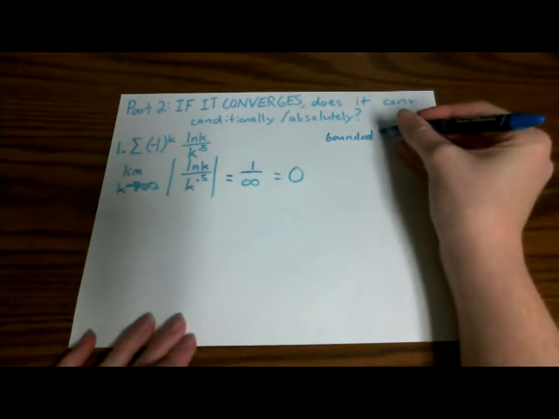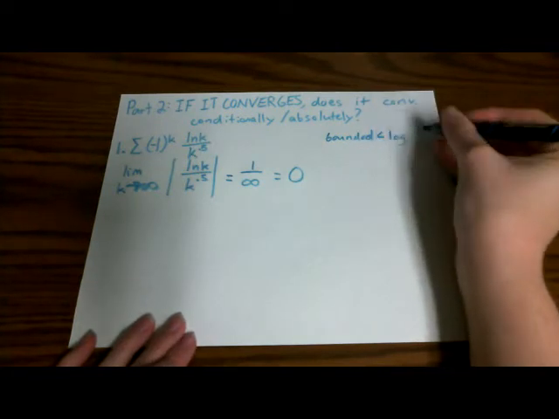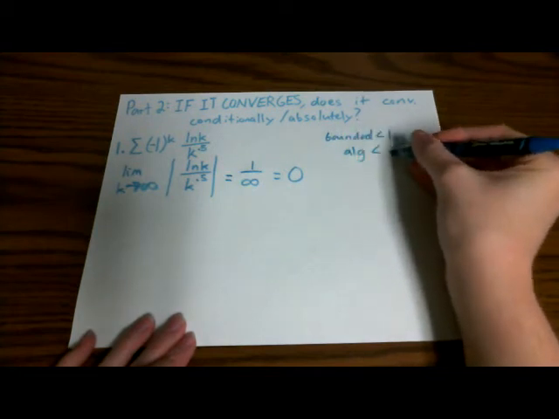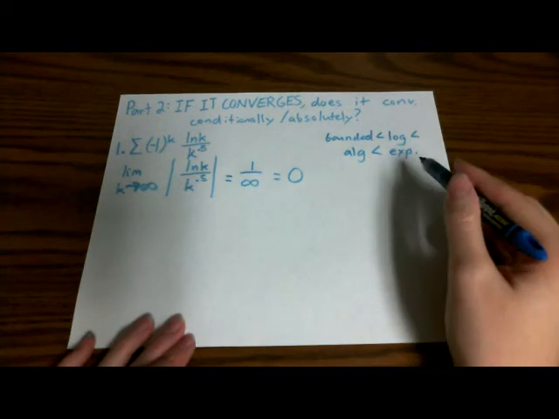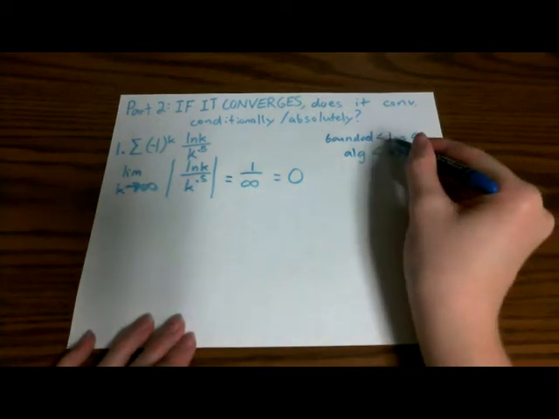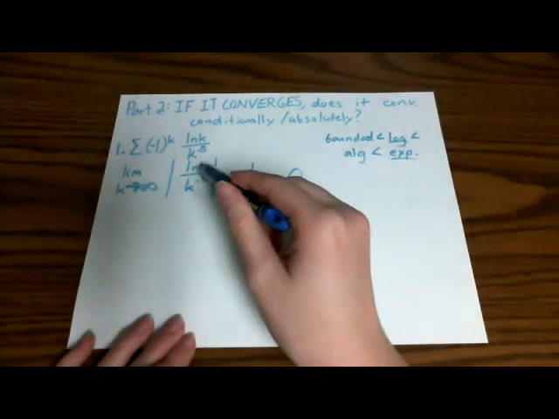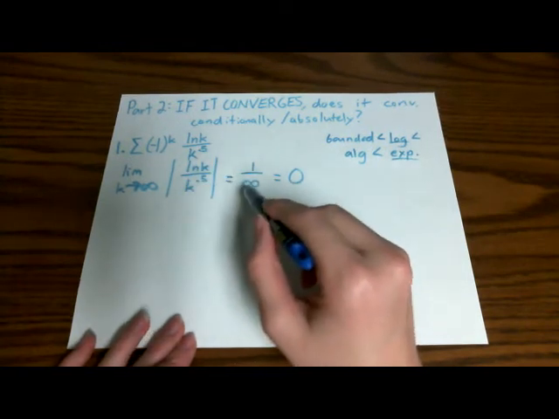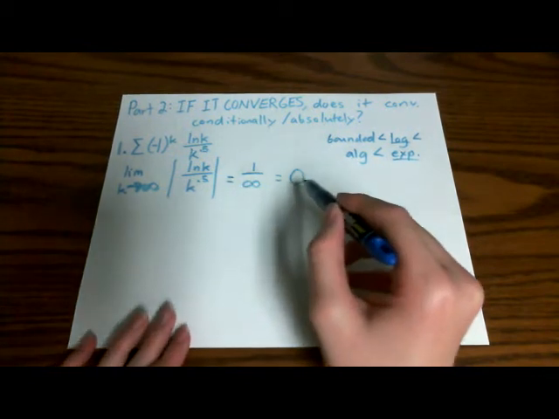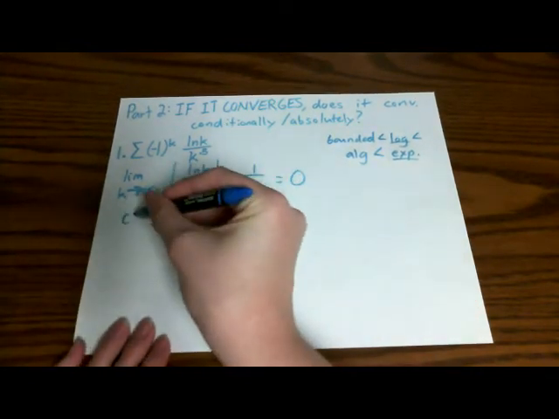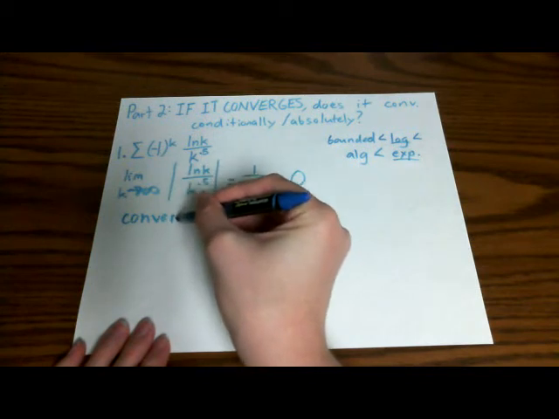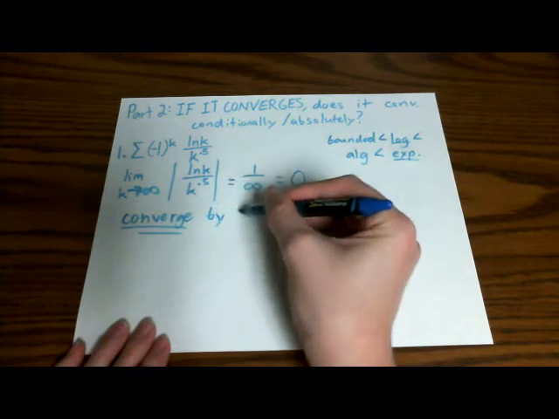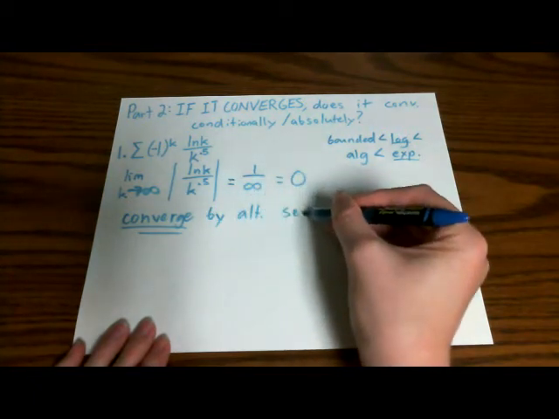Bounded increases the slowest, and then we have logarithmic, and then we have algebraic, and then we have exponential, which increases the most. Here we have a log and an exponential, a log on top, exponential on bottom, so the exponent will increase the fastest, thus we have the infinity here at 0. So yes, this does converge by the alternating series test.